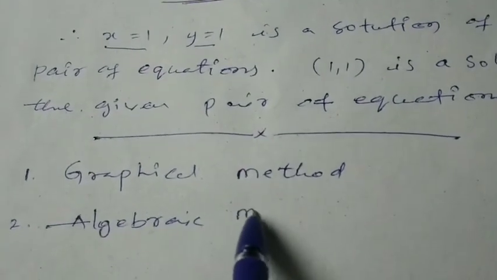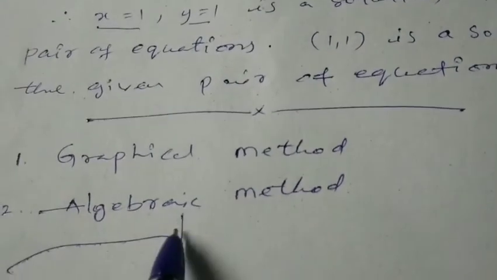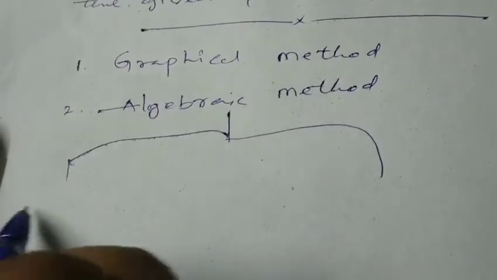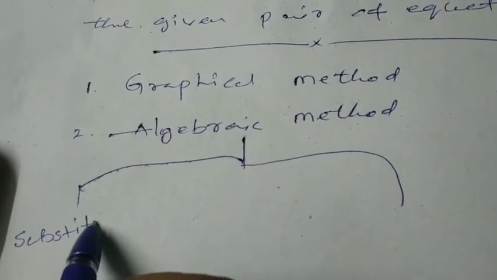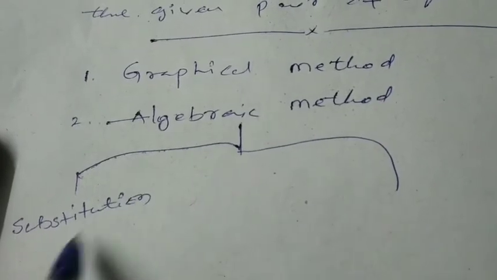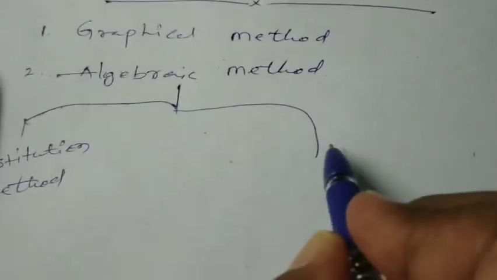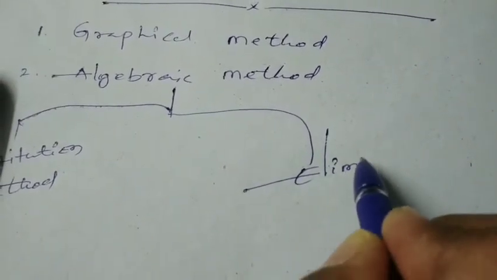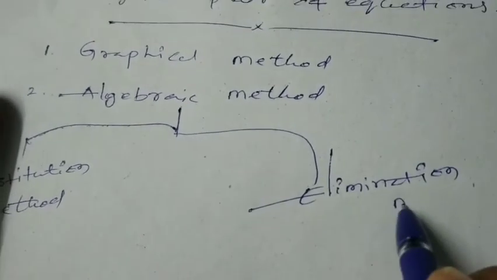The algebraic method again has two methods. One is the substitution method. The second one is the elimination method.